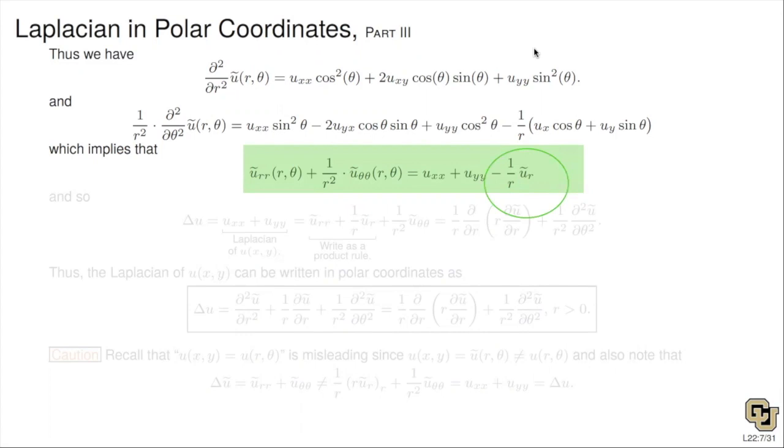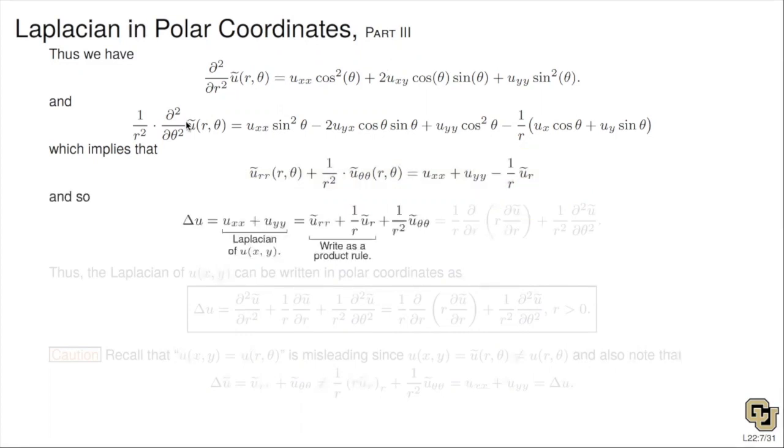Finally, move that over. And so now you get the two forms of the Laplacian in polar coordinates. Here's the Laplacian in polar coordinates in terms of u. Here's the Laplacian in polar coordinates again, and they're the same, but in slightly different form.